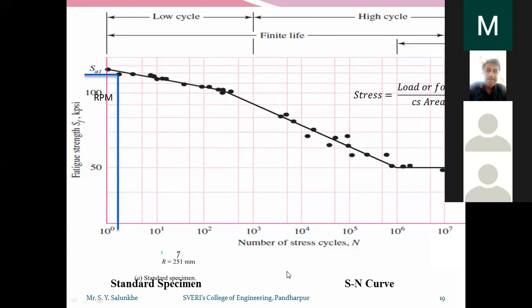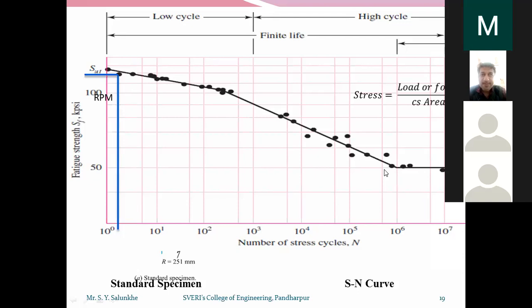Okay, sir. Got it. And the second thing is that this graph is drawn based on the completely reversed cycle only, but this value of endurance limit is used for designing components which are undergoing fluctuating type of stresses. It may be completely reversed or it may not be.